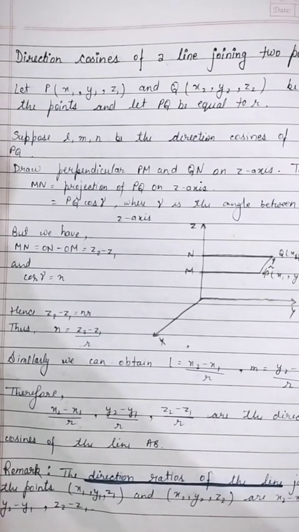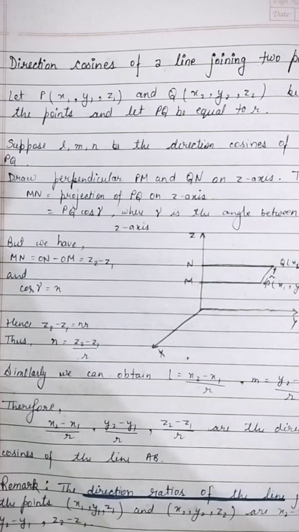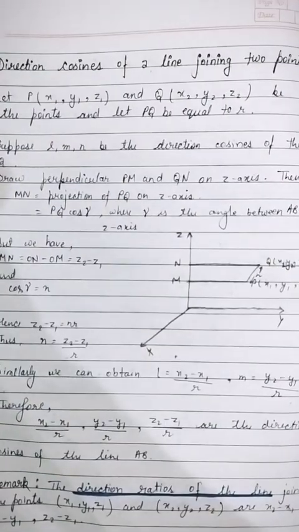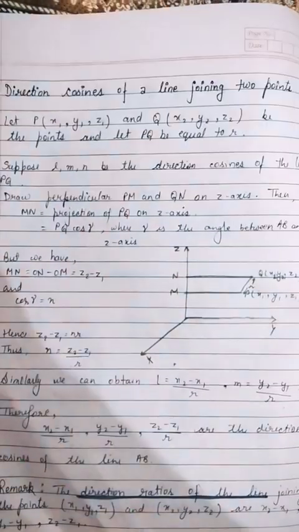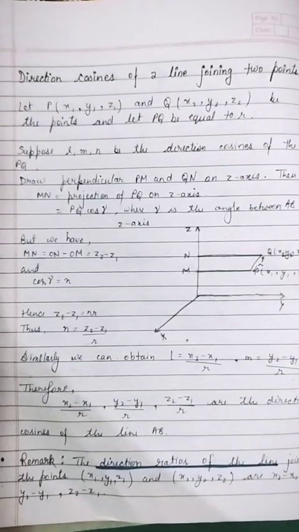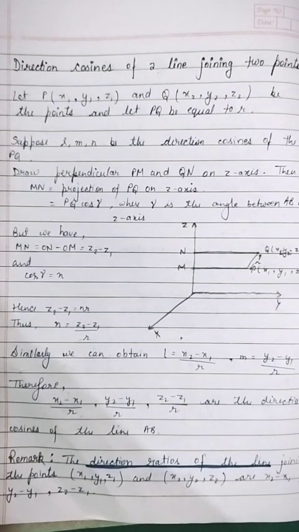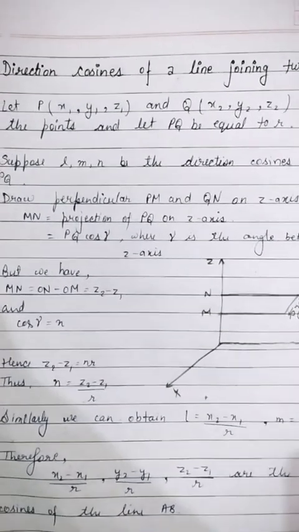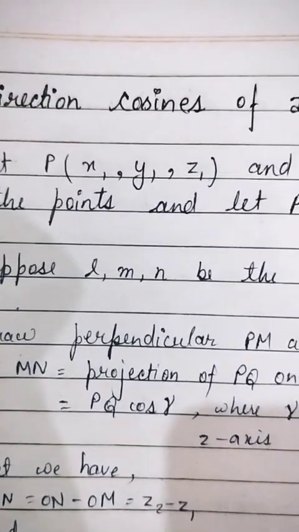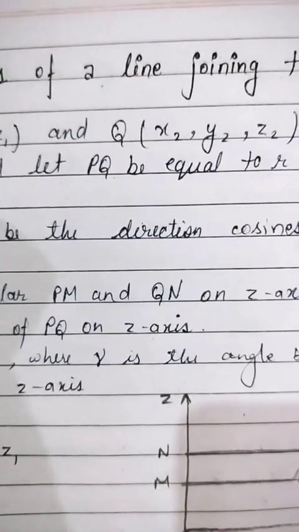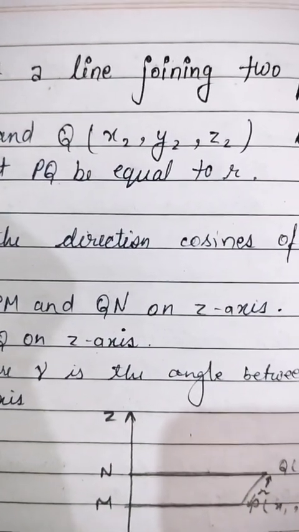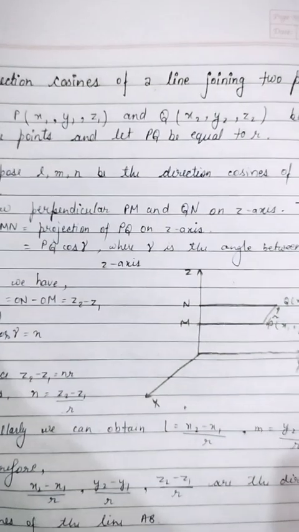Now, in this section, we are going to study the direction cosines of a line joining two points. For this, we have two points, let us say P and Q. The coordinates of P are x1, y1, z1, and those of Q are x2, y2, and z2.